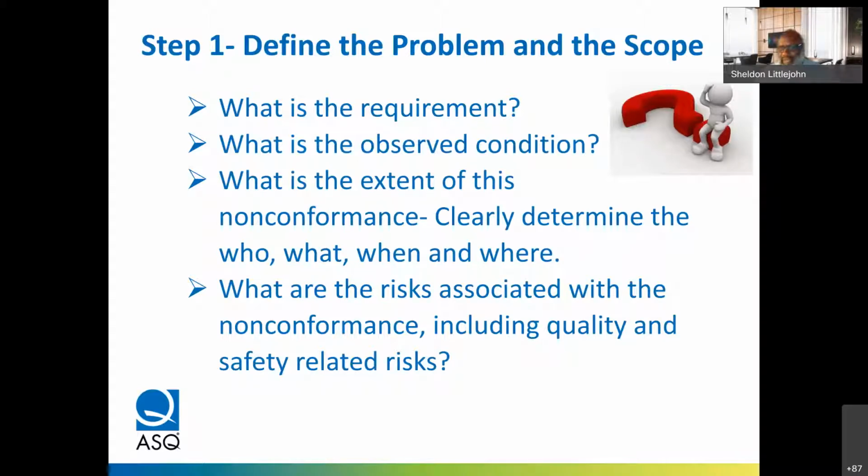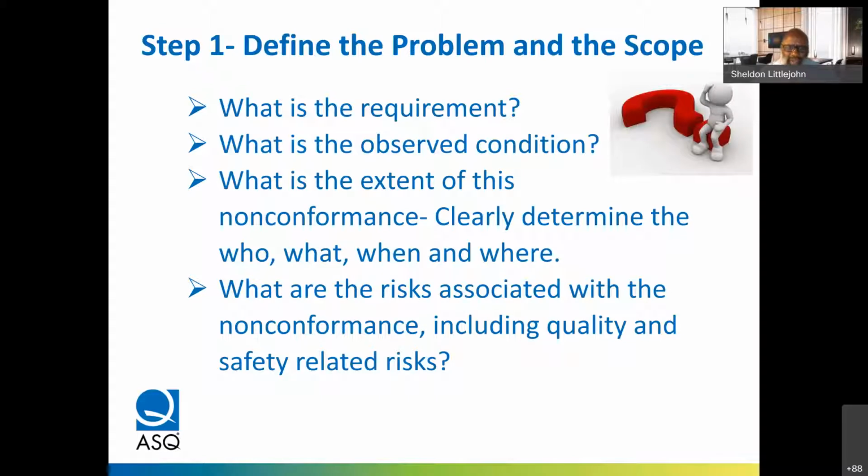Is it something that may not pass our factory acceptance test, so we can't ship products to our customers? So the scope of this needs to be clearly defined, as this sets the pace for all the additional steps that will come later on, and how we will plan the actions that we will take to bring our system or our process back to a healthy state.